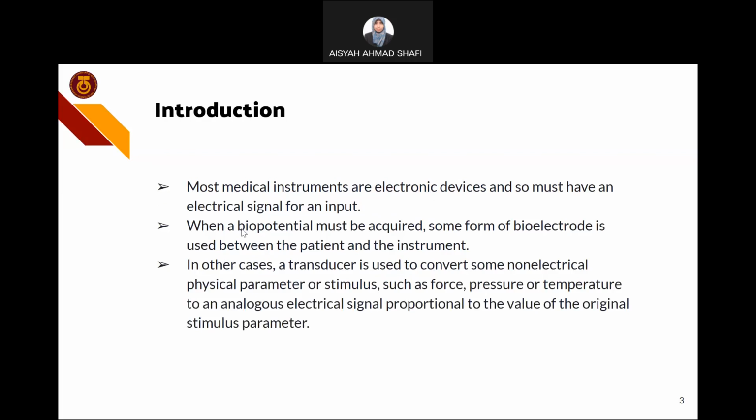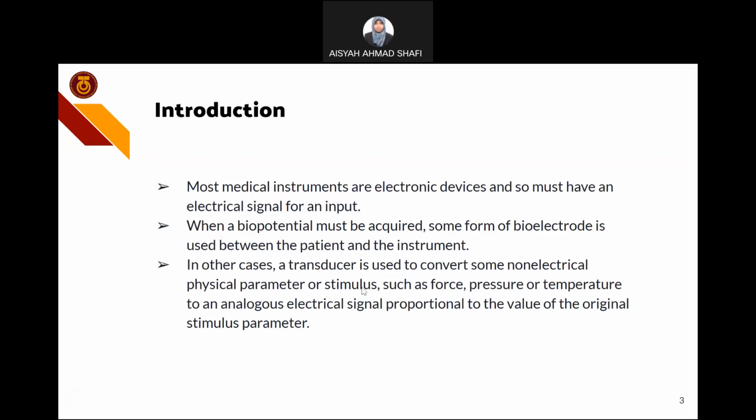Okay, as the introduction, most medical instruments are electronic devices and so must have an electrical signal for an input. So when a biopotential must be acquired, some form of bioelectrode is used between the patient and the instrument. That means you have learned in the previous chapter about the general biomedical instrument block diagram, in the measurement including the bioelectric or biopotential, and also the parameter from the human.